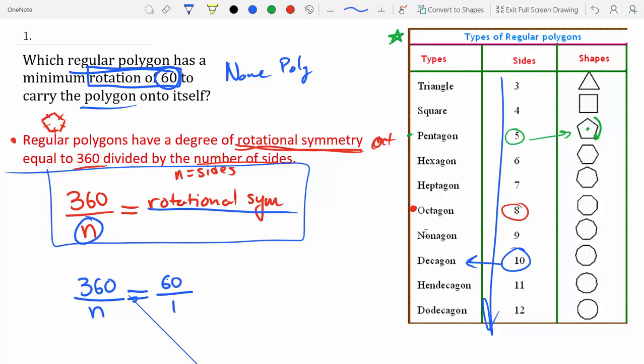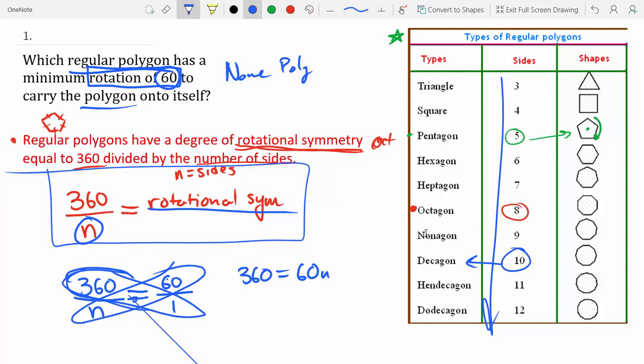And I'm going to turn this into a fraction, just 60 over 1. And I'm going to do some cross multiplication. Boom, 360 times 1 is 360. n times 60 is 60n. And I'm solving for n, so I just divide both sides by 60. Boom. 36 divided by 6 is 6. So I find that n equals 6.